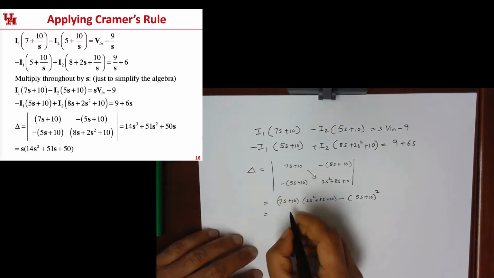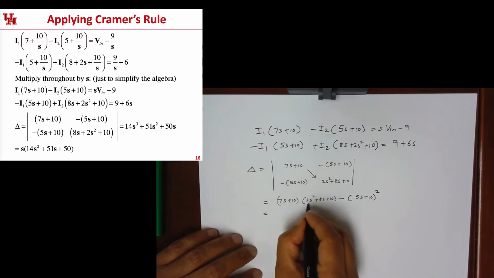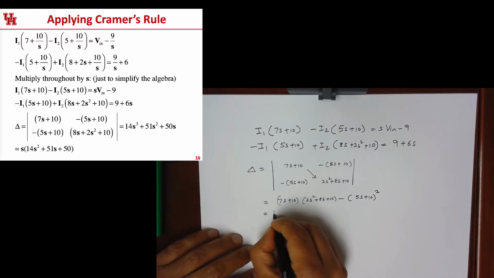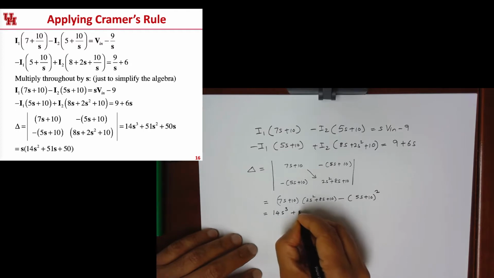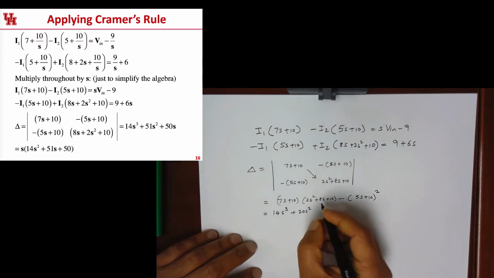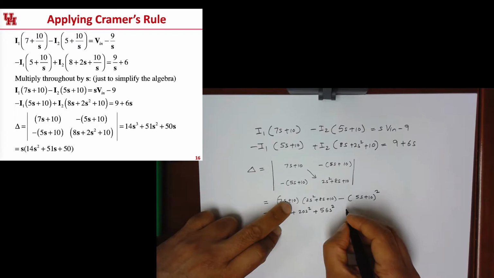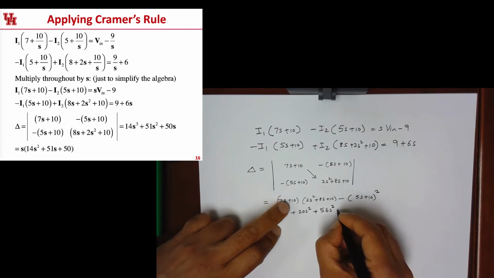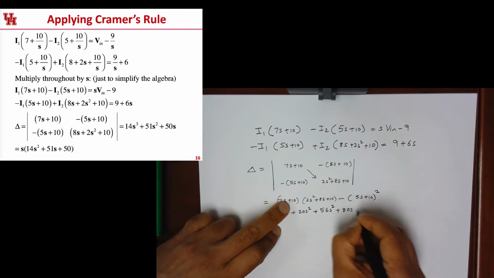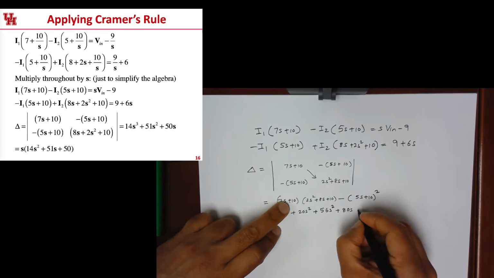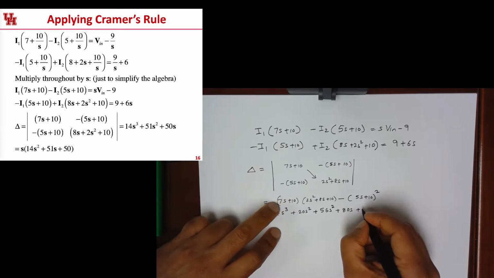So this is going to go as 7s times 2s squared, so that's going to be 14s cubed, plus 20s squared, plus 80s.